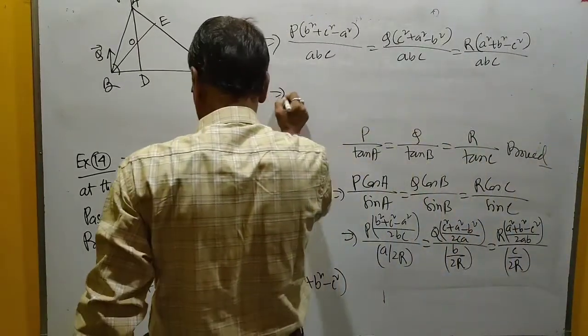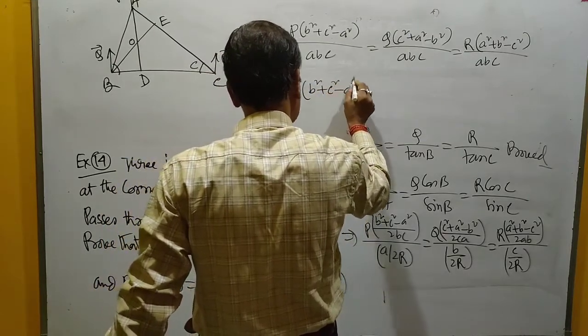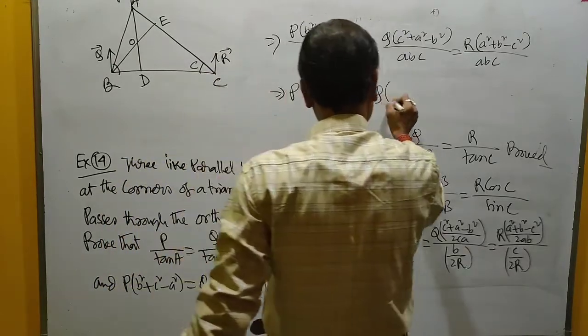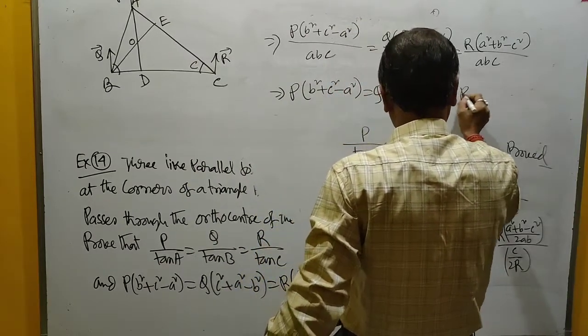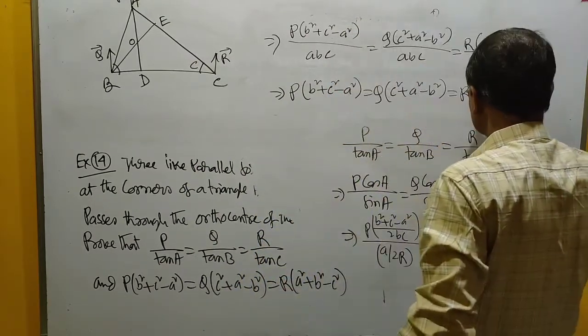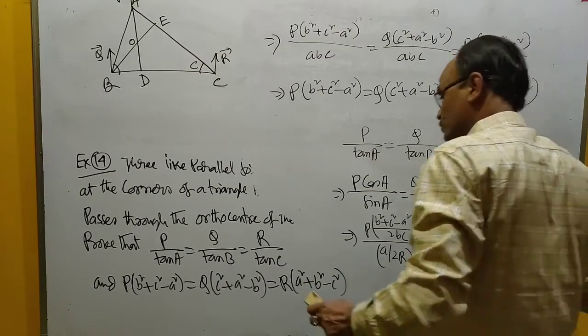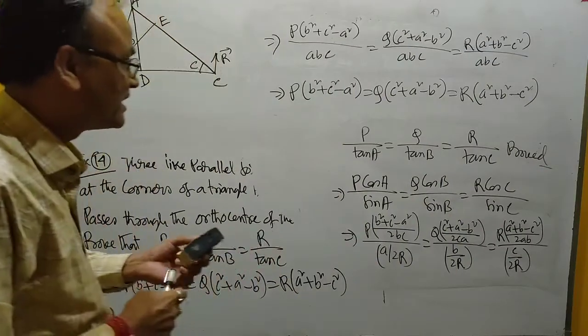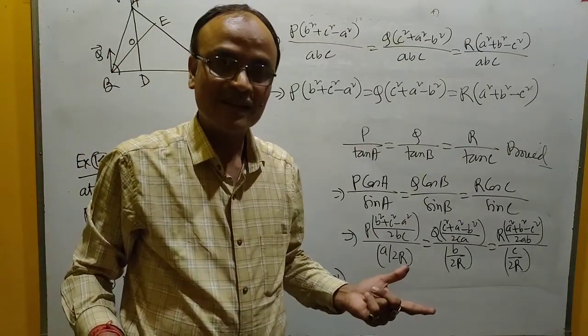This means P into (b square plus c square minus a square) equals Q into (c square plus a square minus b square) equals R into (a square plus b square minus c square). Therefore, we have proved this problem also.